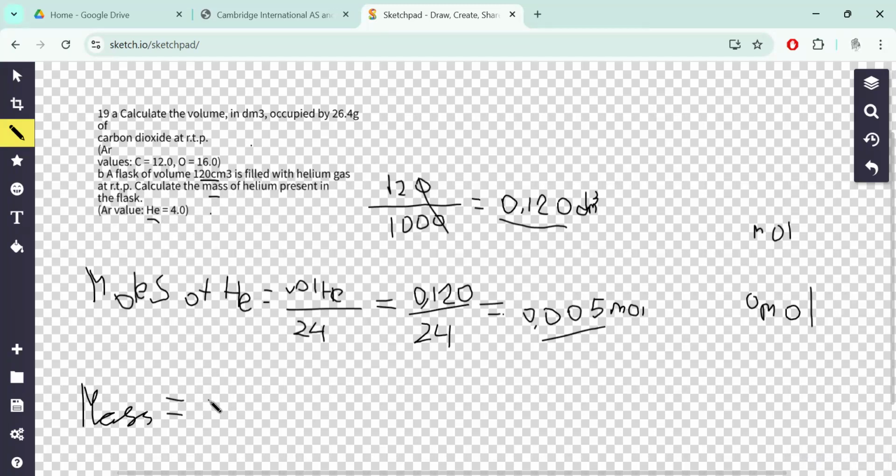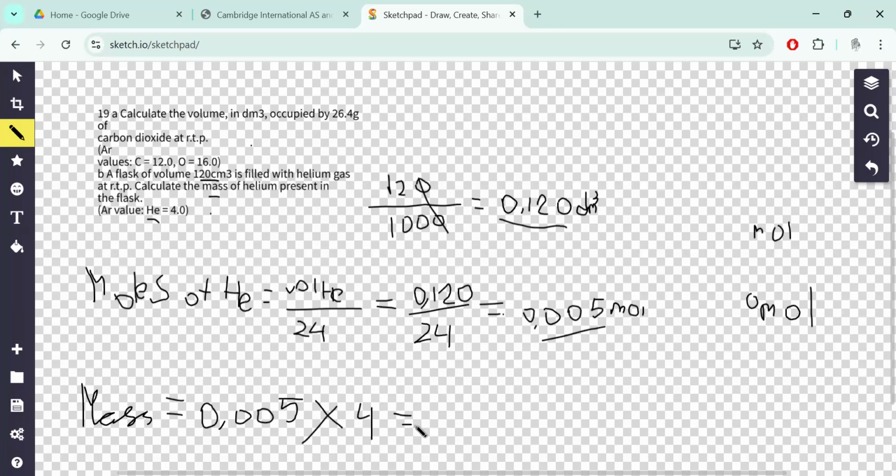So therefore, the mass would be moles of helium, which we already found is 0.005, times the molar value. Since helium is a single element, the Ar value would be the same, so that would be 4.